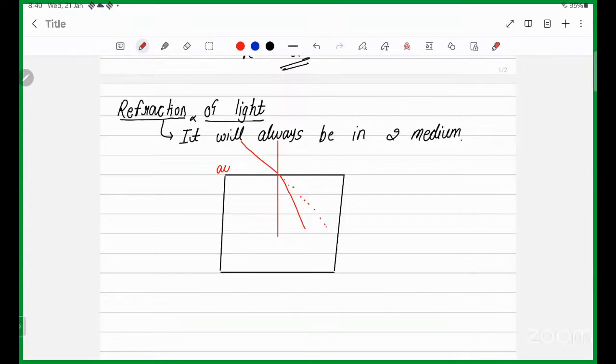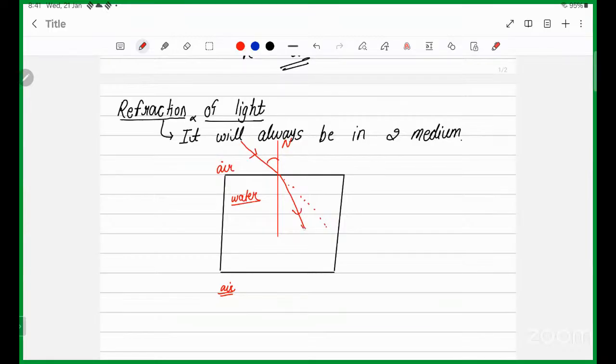This medium is air, this is water, and this is air. When there is a change in medium, the ray will bend, either towards the normal or away from the normal.